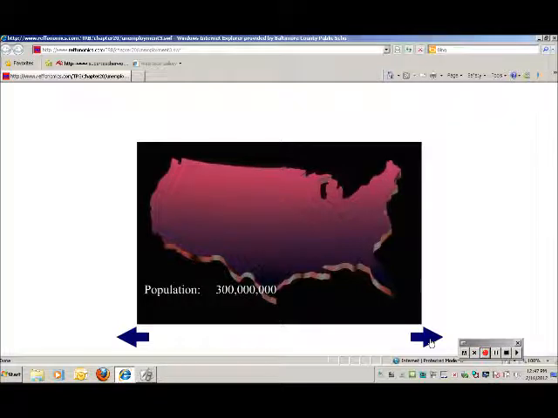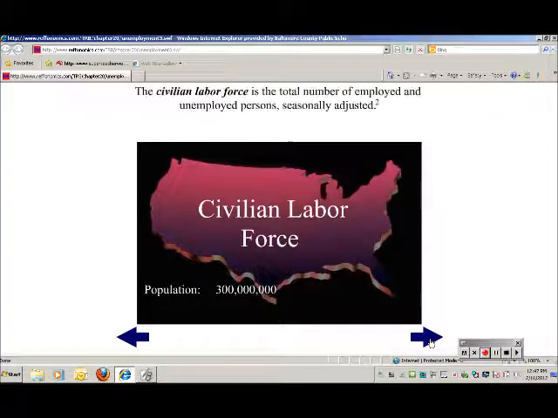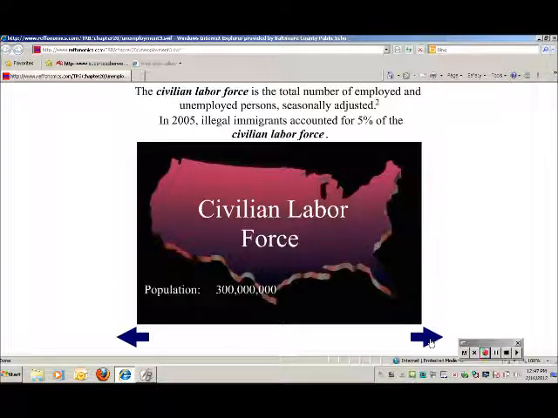And when we're talking about the typical labor force, we need to be sure that we understand the difference between civilian labor force and non-civilian labor force. Civilian labor force in the United States is the total number of employed and unemployed persons that is adjusted by season.